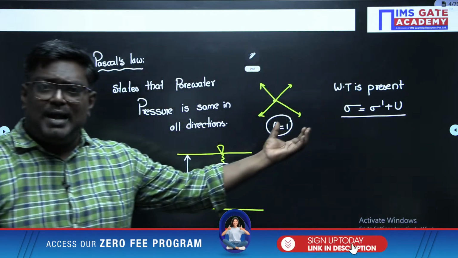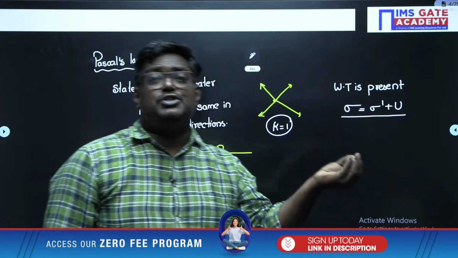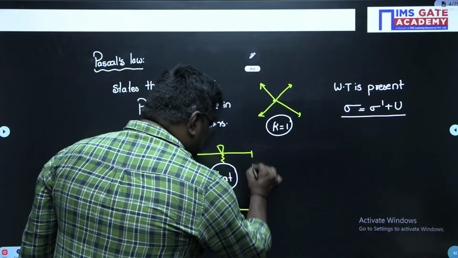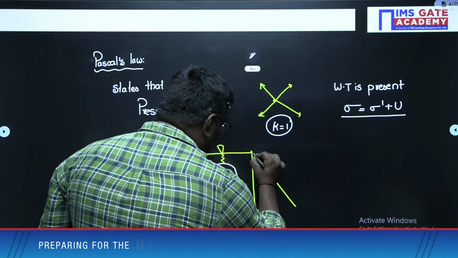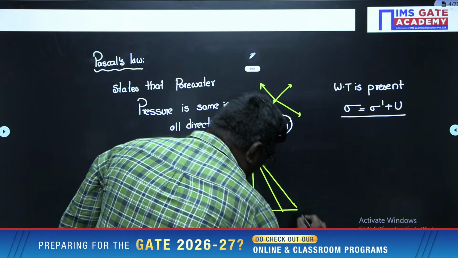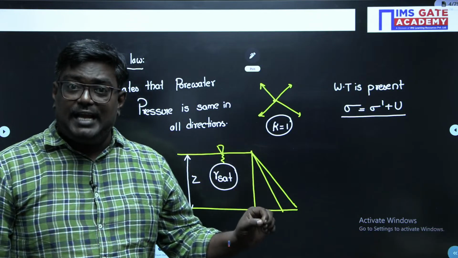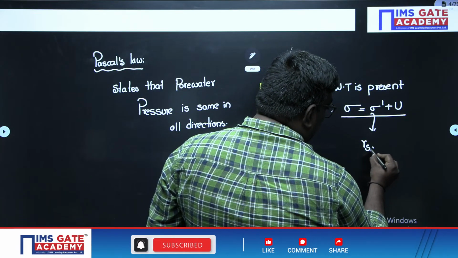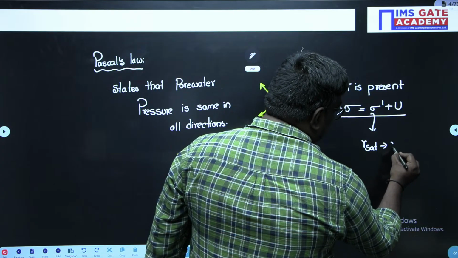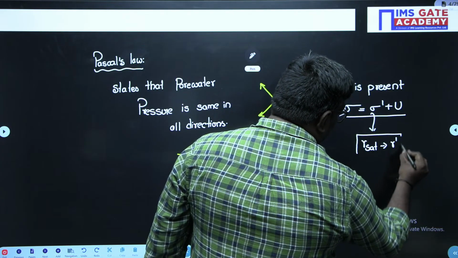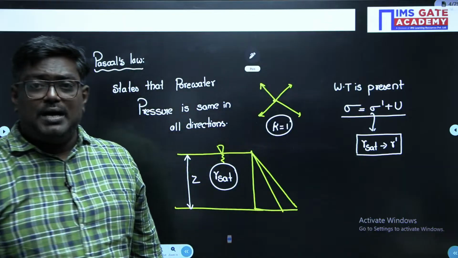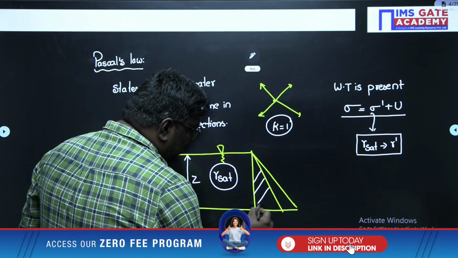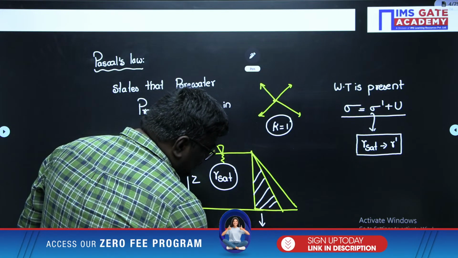What is effective stress? It is the stress taken only by the soil particles. When the water table is present, gamma sat will be replaced by gamma dash. So this part can be written as gamma dash into Z.